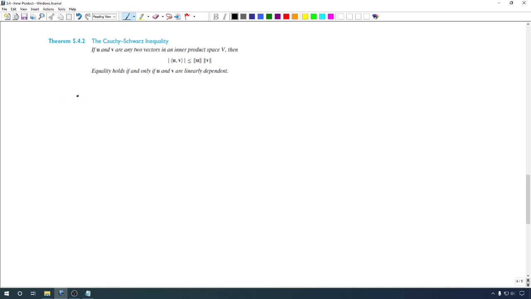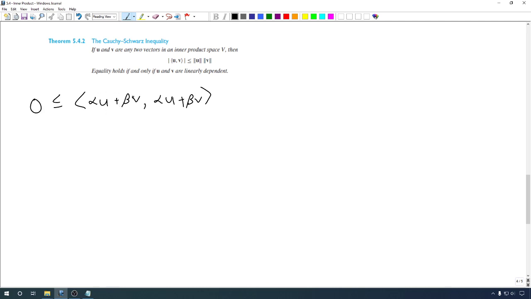We are going to look at the inner product of a linear combination of u and v, so alpha u plus beta v, with itself. Now, why did we do that? Well, because we can use the first property of inner product.